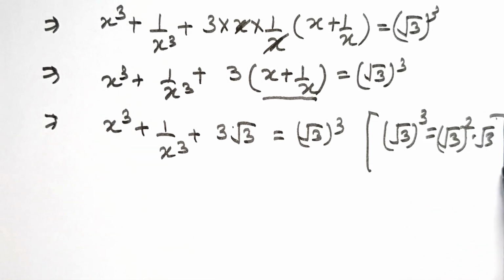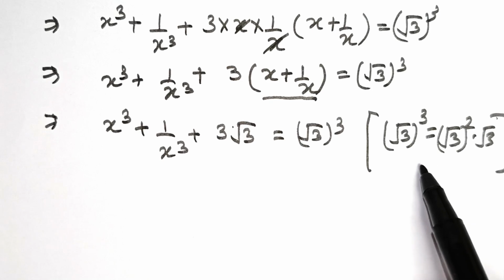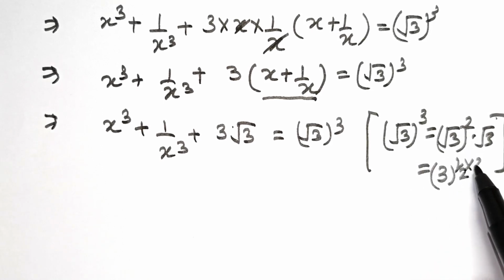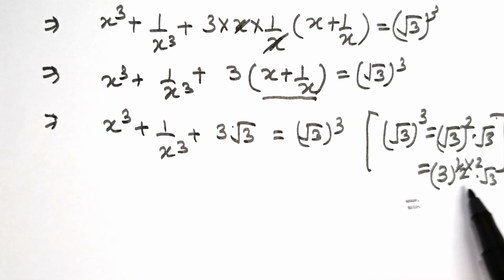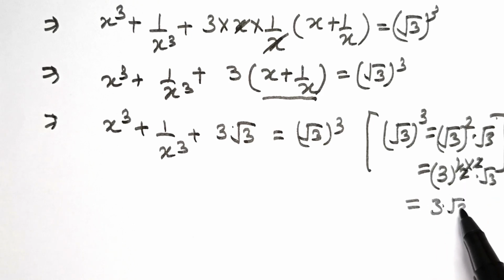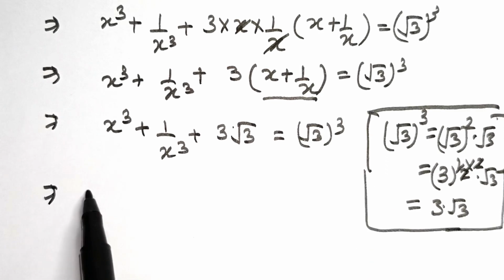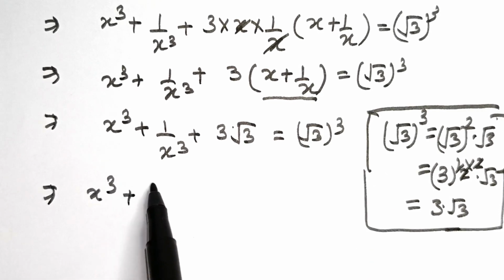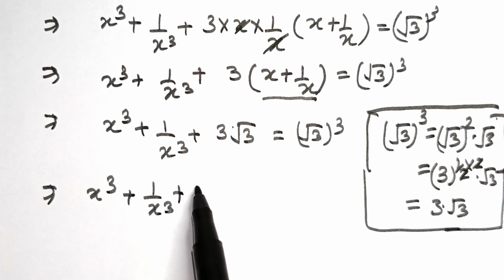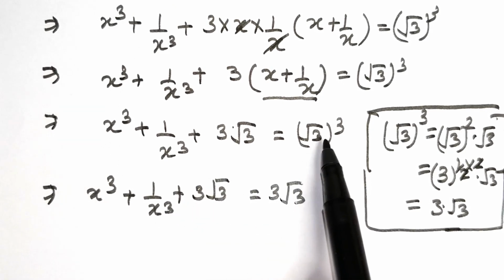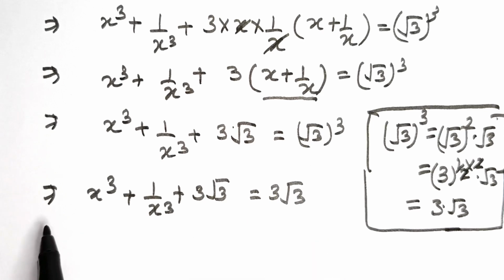And we know root 3 square is 3 to the power half times 2, times root 3. So the exponents will cancel out, and we'll have 3 times root 3. So this will become x cube plus 1 upon x cube plus 3 root 3 is equals 3 root 3. Root 3 cube will be 3 root 3.